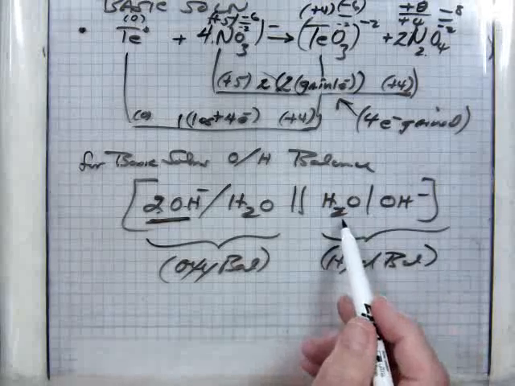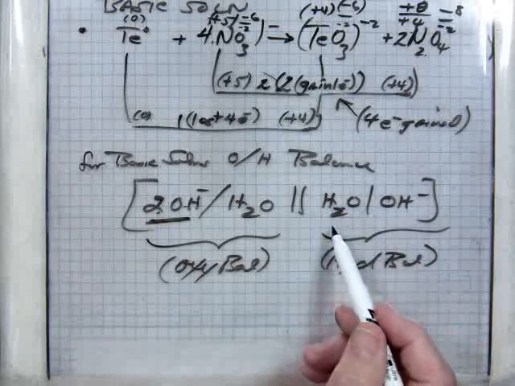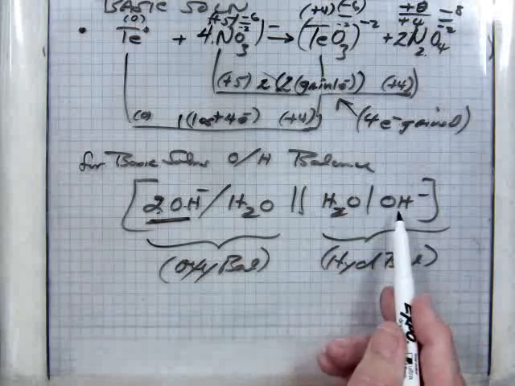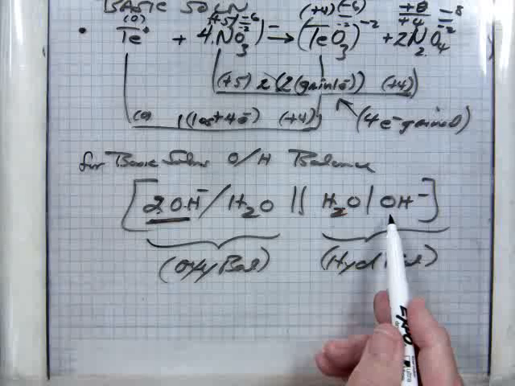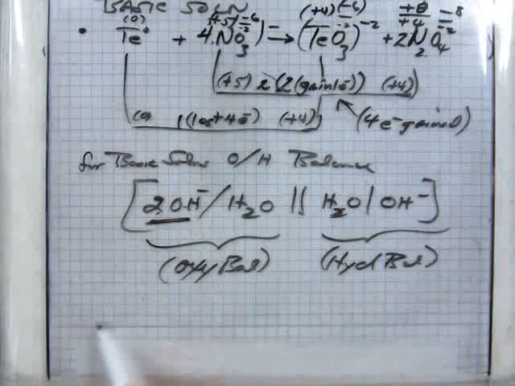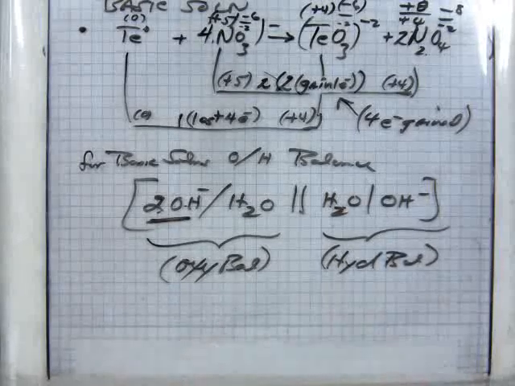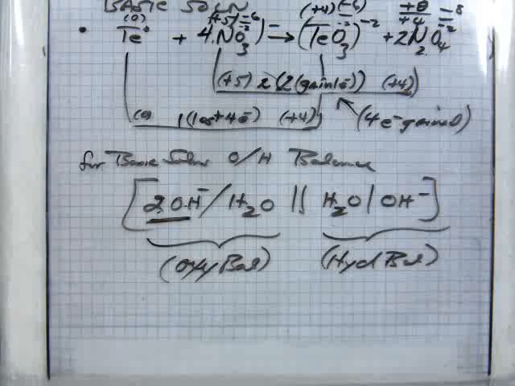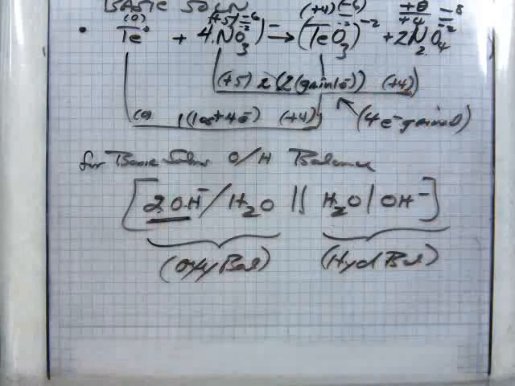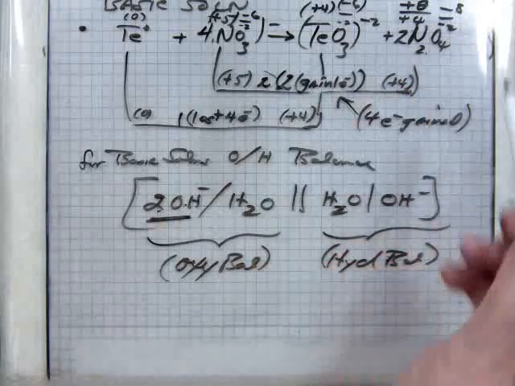To the side needing hydrogen, you add 1 water for every hydrogen needed, and to the opposite side, the same amount of hydroxides. And then you simplify, because you'll have OHs on the right side and OHs on the left side, and they'll cancel out like an algebra equation. So let's see how this comes together. Might need to rewrite it, but we'll look at it.